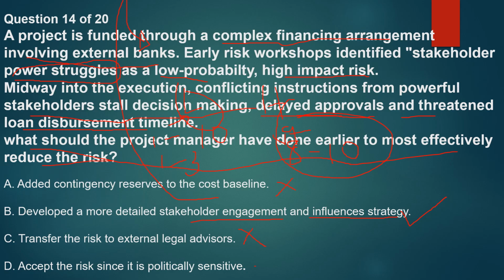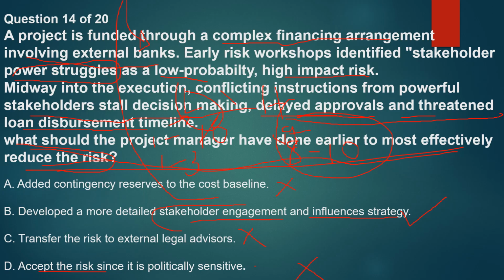Even if you accept the risk, the project is still going to derail because of the delayed approval and threatened loan disbursement. What should the project manager have done earlier to most effectively reduce the risk? This is the correct thing to do.